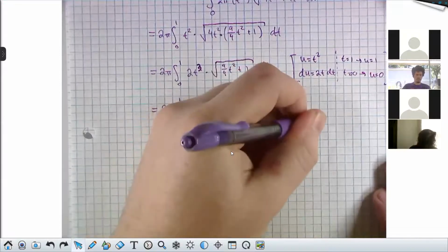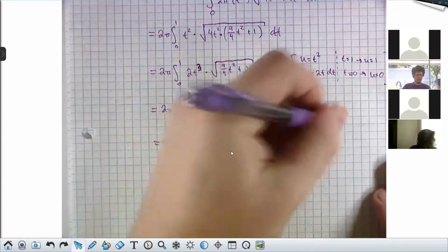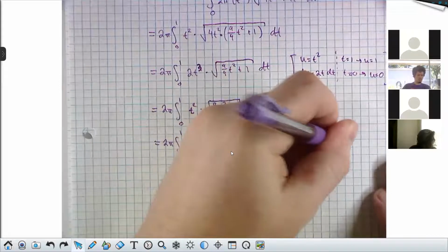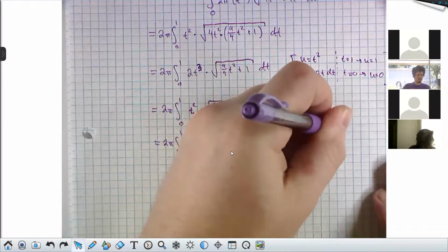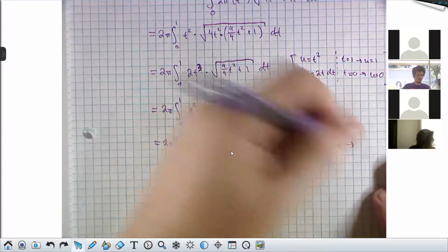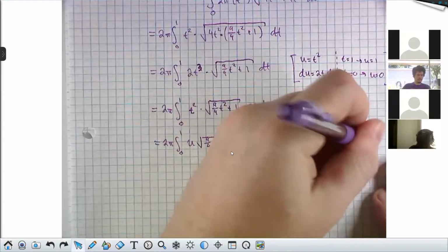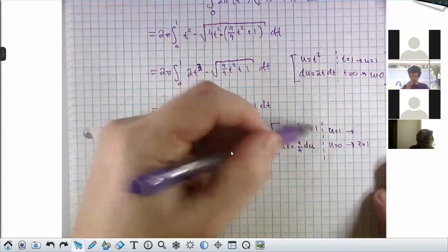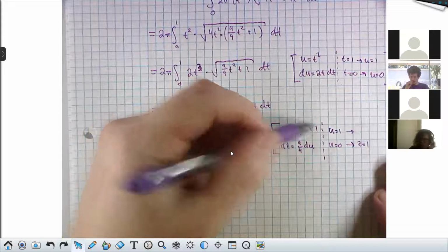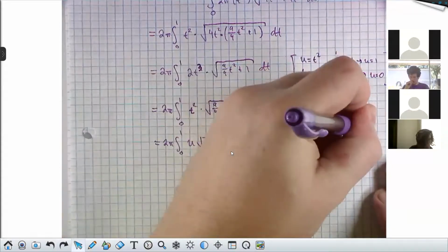My bounds this time will change. U is running from 0 to 1, so those are my old bounds. When u is equal to 0, z is equal to 1. And when u is equal to 1, z is equal to 9/4 plus 1, which is 9/4 plus 4/4 is 13/4.